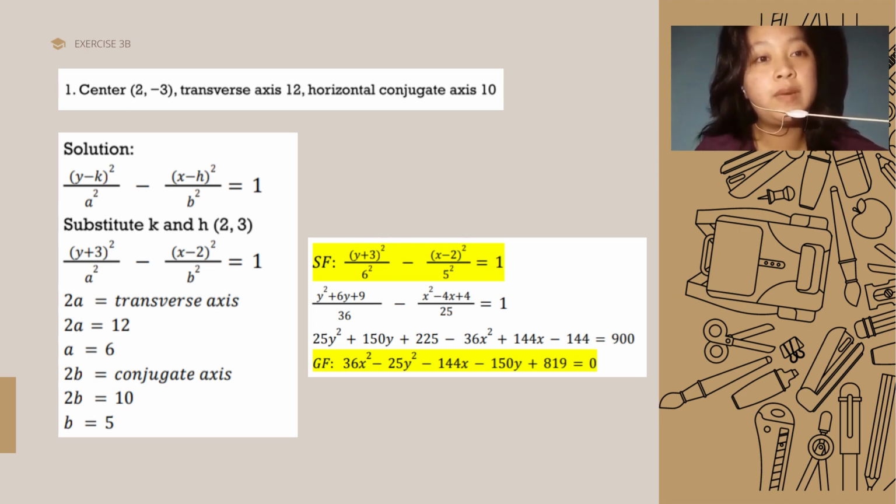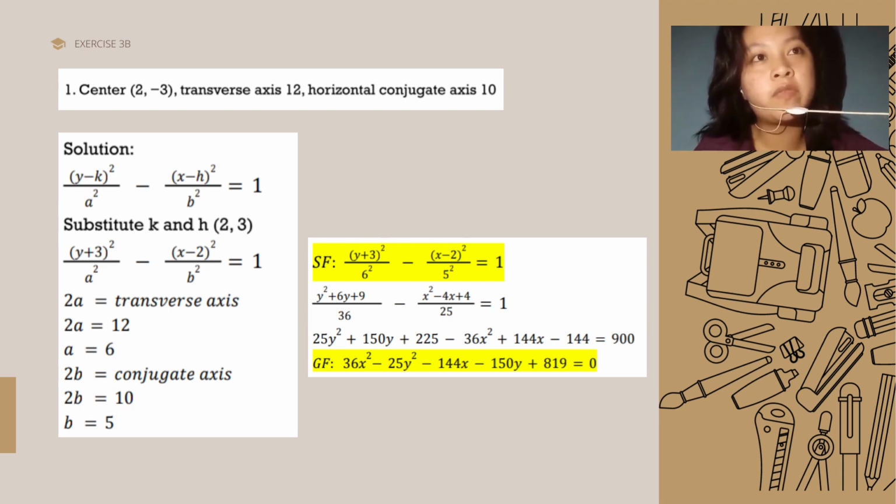So, cross multiplication tayo. Ang kakalabasan nito ay 25y squared plus 150y plus 225 minus, cross multiplication ulit, 36x squared plus 144x minus 144 is equal to 900.